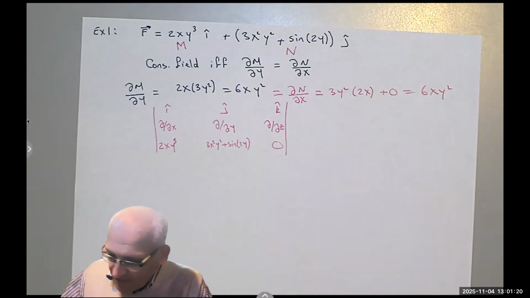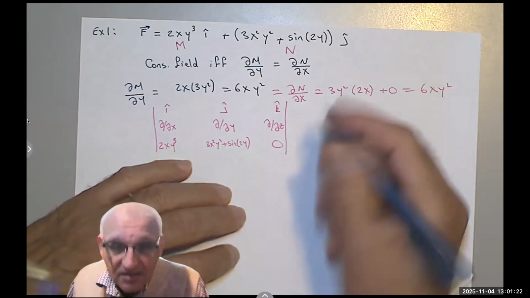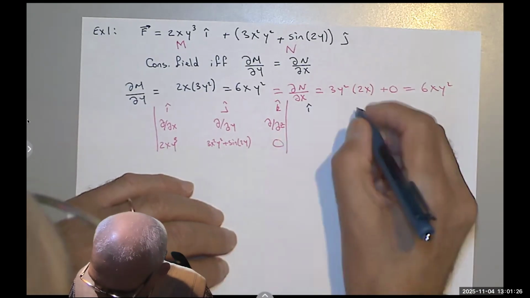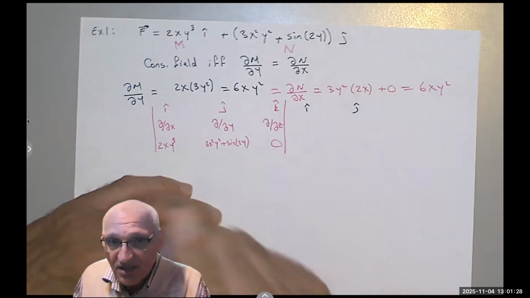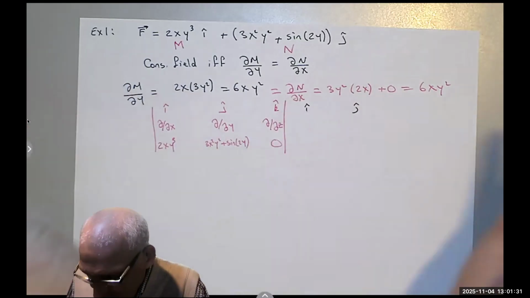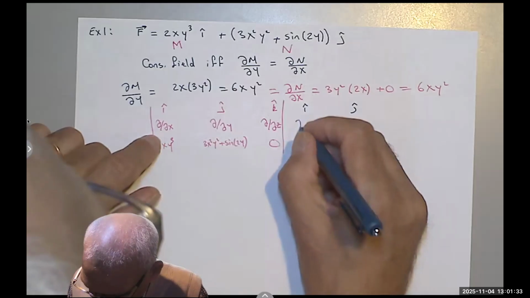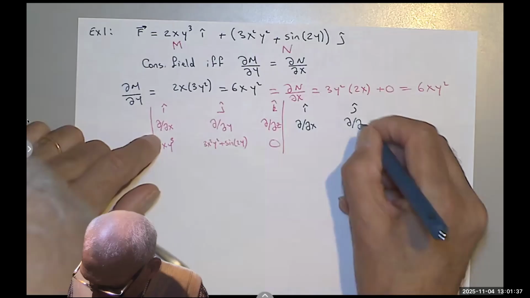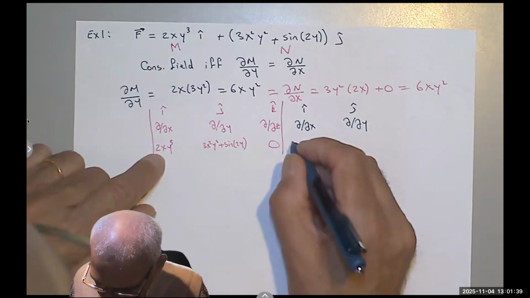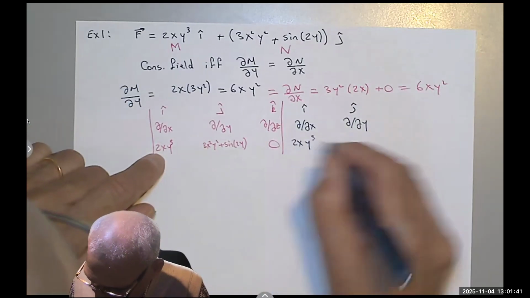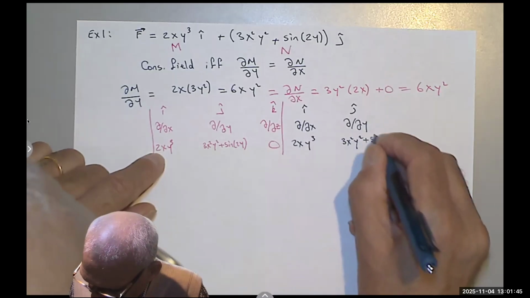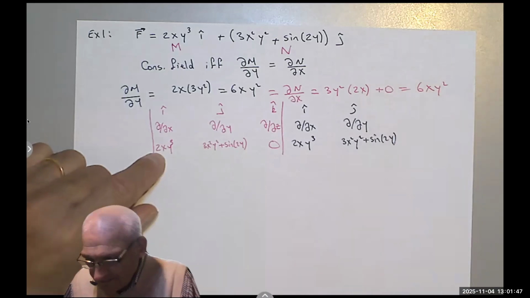If not, then we can use the duplicate column method that works with 3 by 3 determinants, but only 3 by 3, not higher, not even lower. Lower is much easier, like a 2 by 2, you can do it.